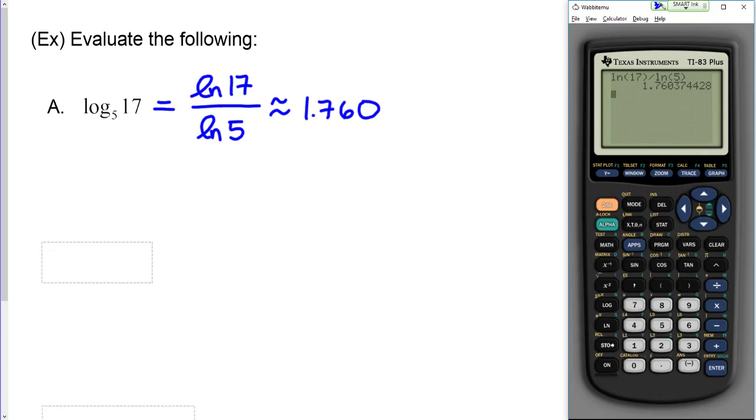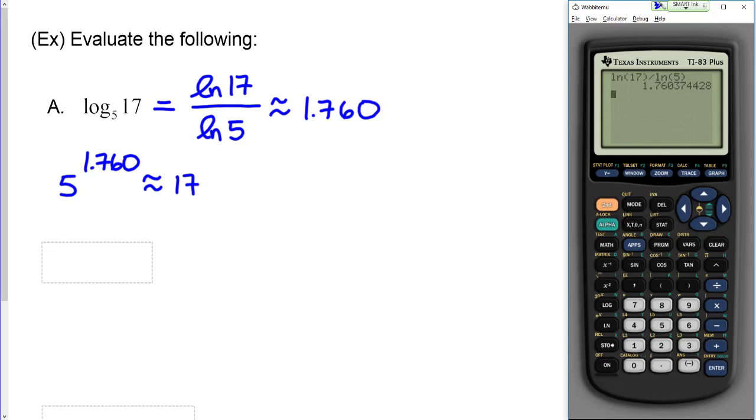That answer is looking a little bit strange. It's a decimal. It kind of goes on forever here. What does it mean? Well, it means the same thing as every other result of a logarithm. 1.76 is the exponent to which 5 must be raised in order to get 17. So if I take my base 5, raise it to the 1.760 power, I should get approximately 17.